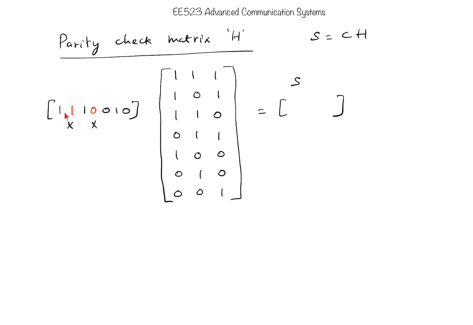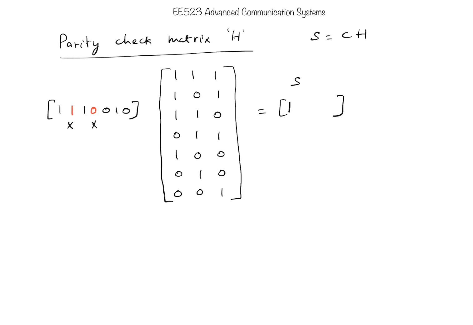We multiply this vector with the first column of the H matrix bit by bit. 1 into 1 is 1, 1 into 1 is 1, so that's 2, 1 into 1 is 1, so that's 3, 0 into 0 is 0, 0 into 1 is 0, 1 into 0 is 0, 0 into 0 is 0. So the total is 3, which is an odd number, so therefore the bit is 1. Modulo 2 addition for an odd number gives you 1.